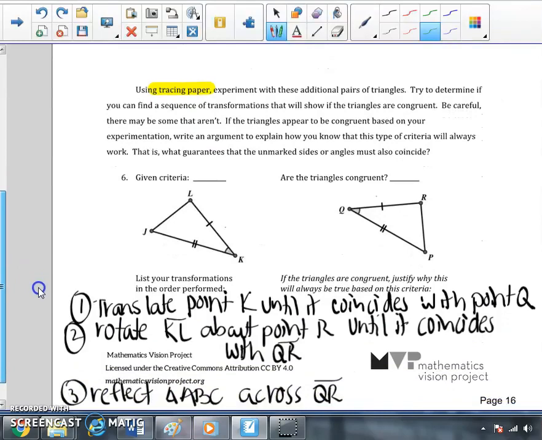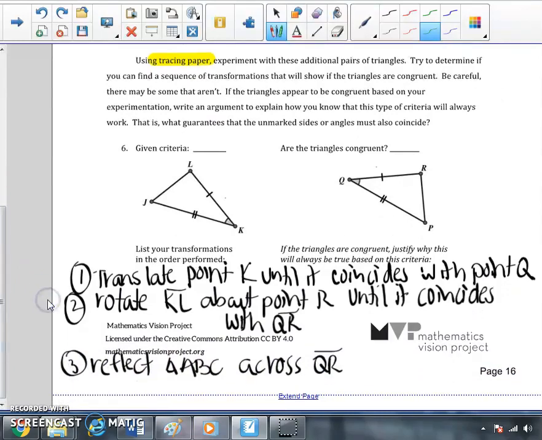We were then asked to look at some other diagrams, some other triangles, and conclude if they were definitely congruent. So again, we had tracing paper in class, and on this number 6, we saw that they definitely did overlap, and we translated point K until it coincided with point Q, so we did translate it right and up.